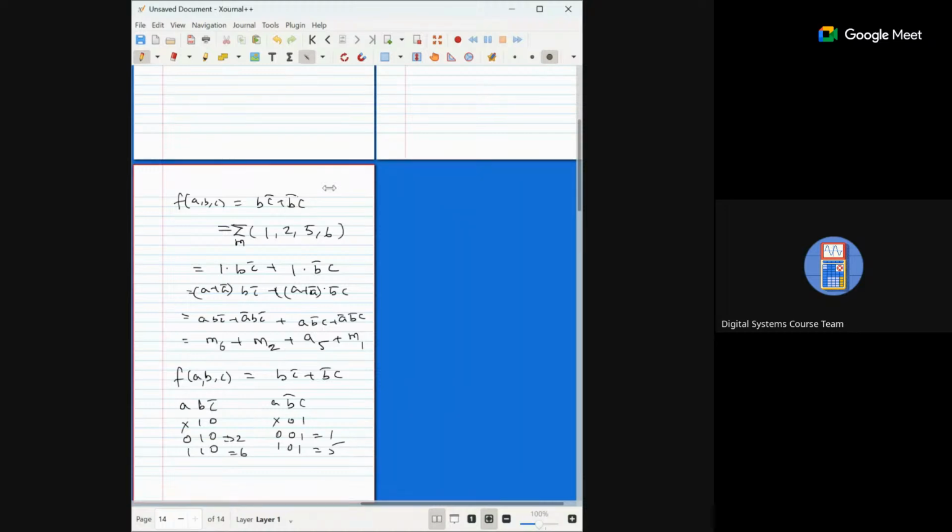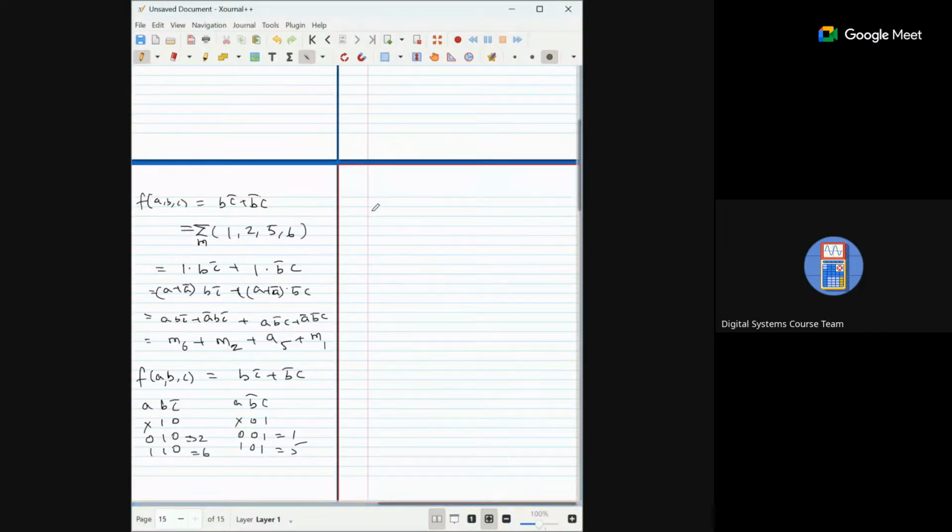Okay. I'll give the same problem with more variables so that we can understand. Now how can you do it? You have to do the same approach: 1 times B C bar dot 1 plus 1 times B bar C dot 1, which can be written as A plus A bar times B C bar times D plus D bar, plus A plus A bar times B bar C times D plus D bar.